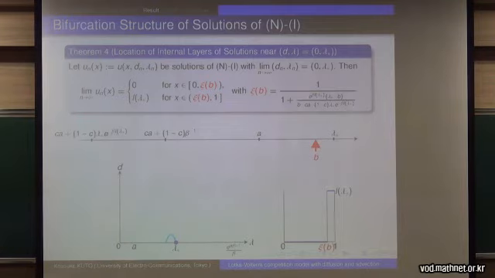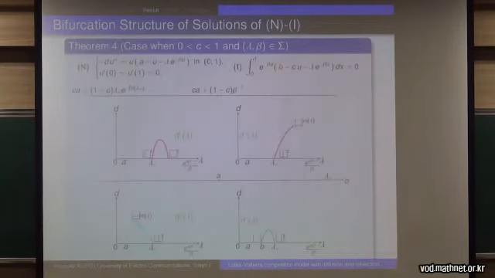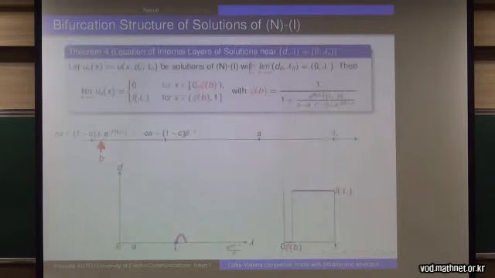This bifurcation branch disappears at the point D equals 0, lambda equals lambda star. At the same time, this internal layer attains the right end. This is a very rough story of this global bifurcation structure.